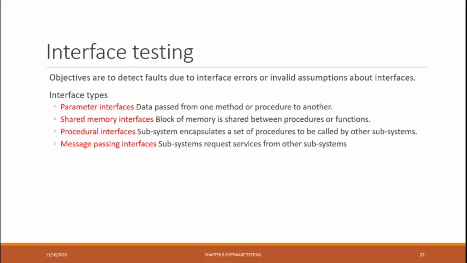Parameter interfaces are interfaces in which data or references are passed from one component to another. So in parameter interfaces, data is passed from one component to the other component, or from one method to another method. If you find an error in one component and do not detect it, then that affects the parameter interface, because most of the data or objects used in one component may be input to the other component.